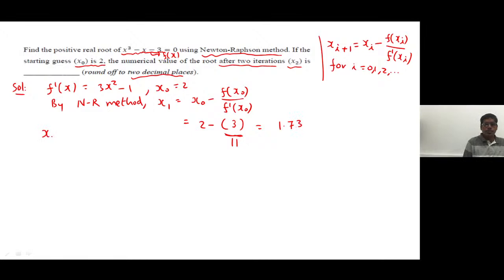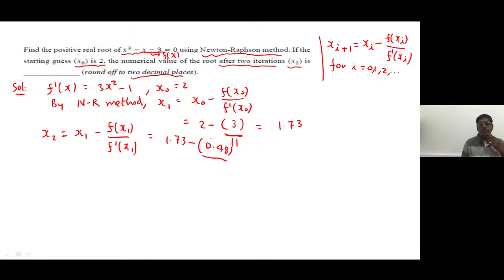Now x2 value. Putting i is equal to 1, you will be getting x2 is equal to x1 minus f of x1 divided by f dash x1. So we got x1 is 1.73. So minus, what is f of x1? In this f x, put x is equal to 1.73, that is 1.73 whole cube minus 1.73 minus 3. That simplifies to 0.48. Please check.